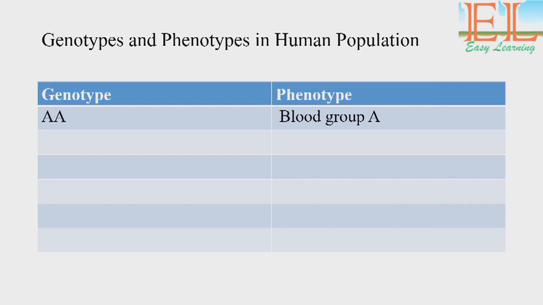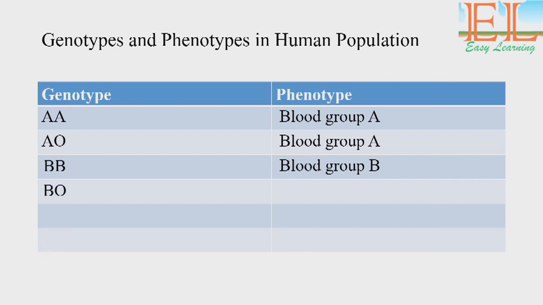Again, a person may have AO, and since the O is recessive, that person's blood group will be A. Let's go to blood group B. The B can be controlled by capital B, which is homozygous B, and hence that person's blood group will be B. Or B and O, where the O is recessive and hence that person is also B.